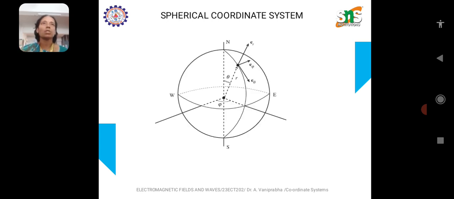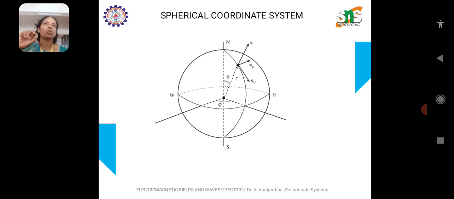So next is the spherical coordinate system. This is easily applied to study planetary motion, gravity or even electromagnetic waves. Electromagnetic waves always travel in a spherical structure. Why? Because the E and H waves travel perpendicular to each other in the atmosphere.